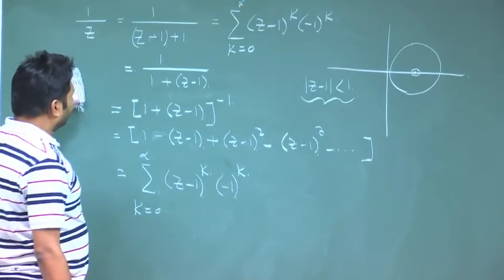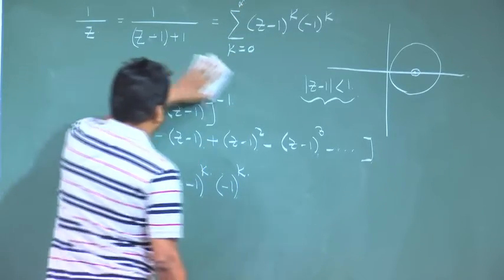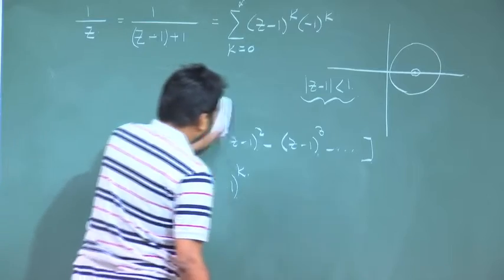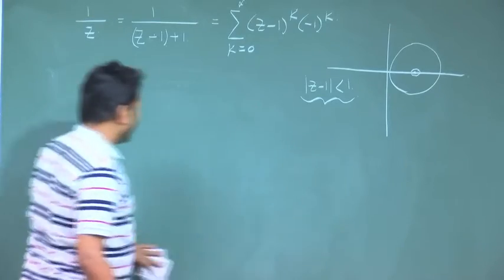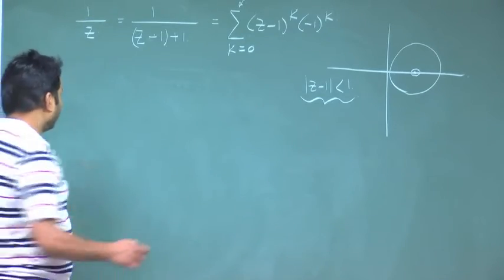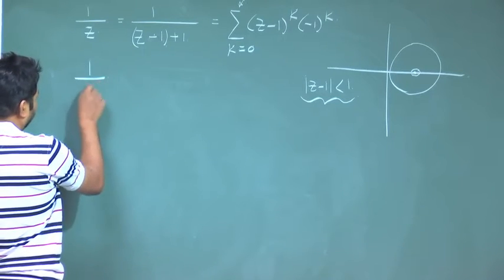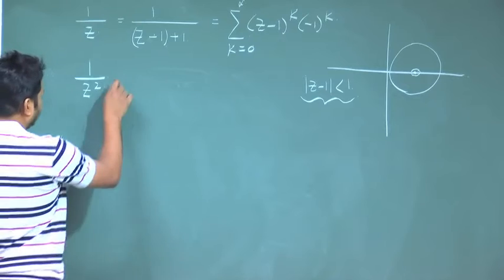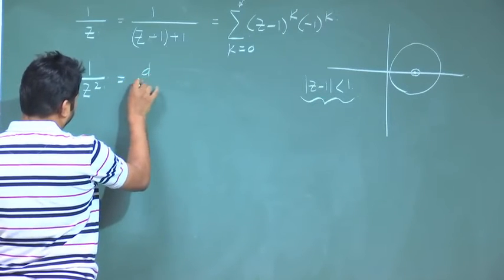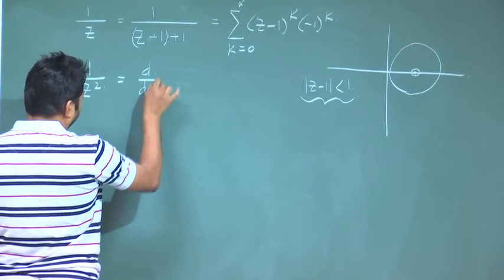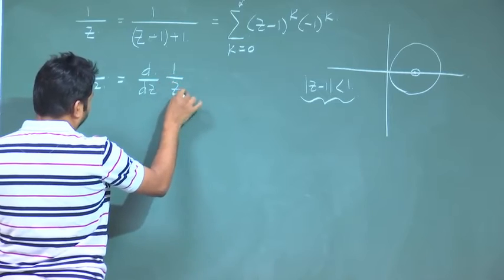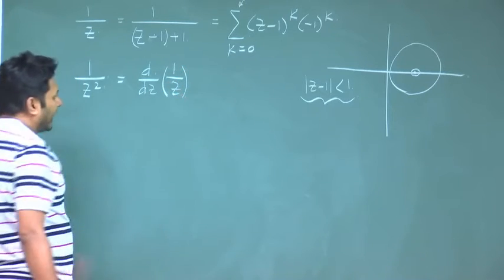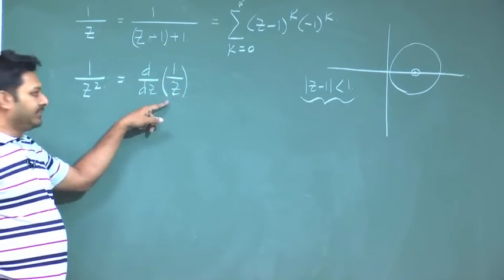Next thing I will do, once I have this value in my hand, is expand 1 by z square, which is another term that we need to expand. So, 1 by z square I can write in this way. This is interesting: d dz of 1 by z gives 1 by z square with a negative sign.